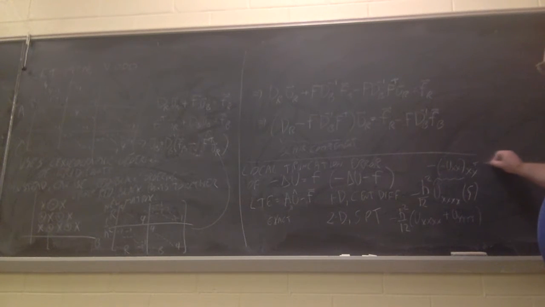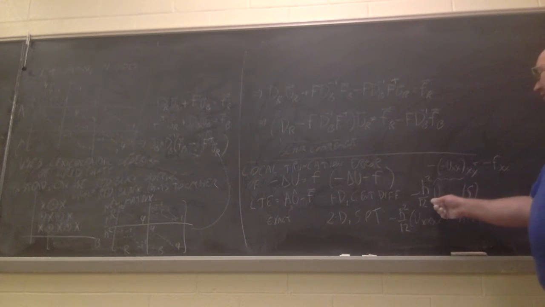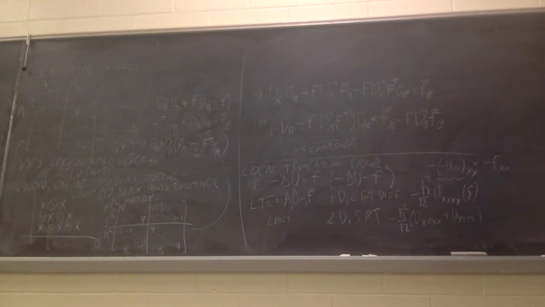So you get minus fxx. Well, you can compute that. So in part C of problem 2 in homework, that lets you come up with the leading error term and cancel it out and get 4th order accuracy. Because the next term in the error would be order h to the 4th.